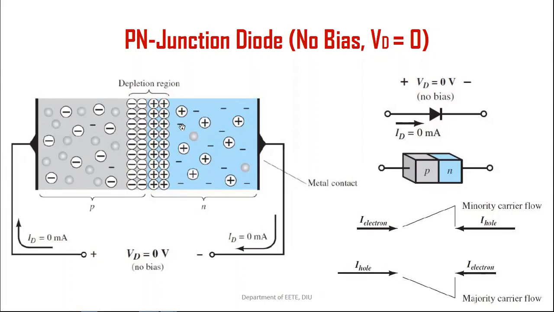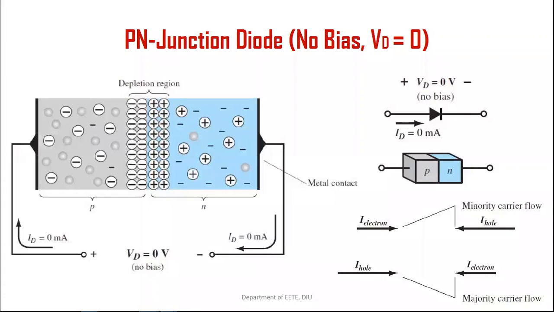Similarly, this electron will try to go to this area, and this negative ion will repel it and act as a barrier. So no more majority carriers will flow.